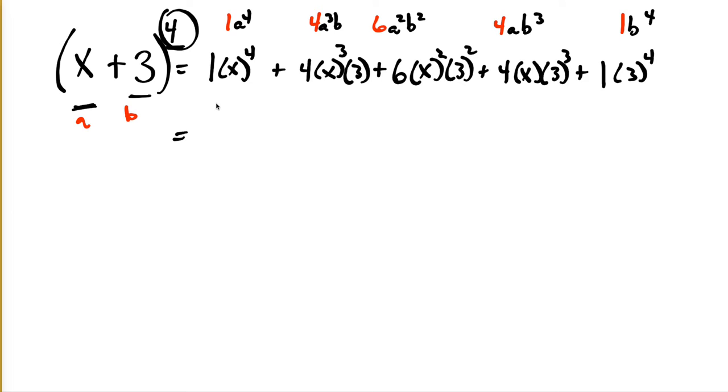Okay, so then I simplify. This is basically how we're going from yesterday. So this is 1x to the fourth. This one becomes 12x cubed.